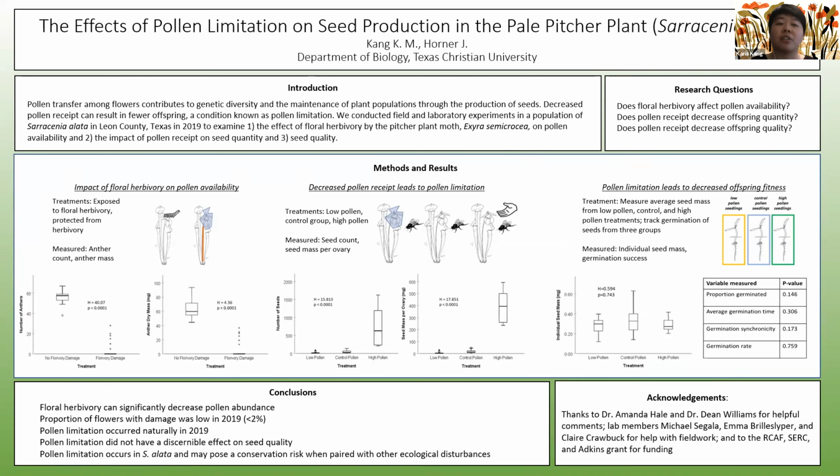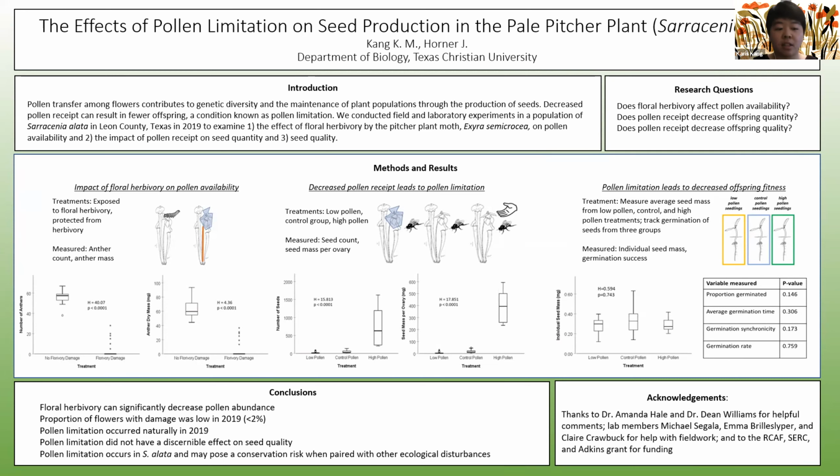So once that pollen grain is on the stigma, it produces a pollen tube that reaches down the style all the way to the ovary. The male gamete travels down this tube to the ovary where it fertilizes the ovule, or the female gamete of the flower.